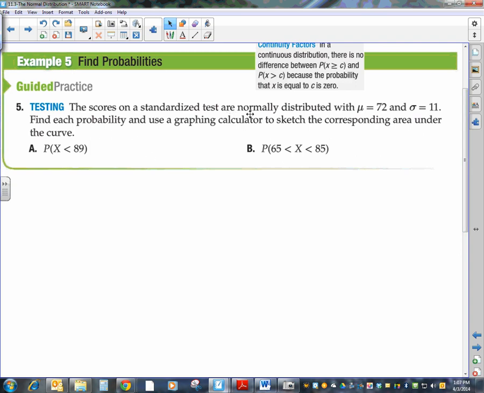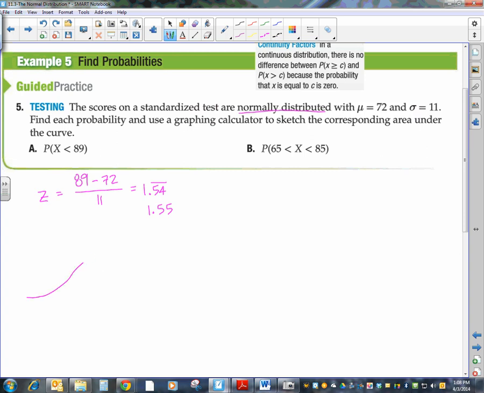So if we're talking about our normally distributed data, then I want to find the z value that corresponds with 89. So z is equal to that value of 89 minus the mean, divided by the standard deviation. Put that in your calculator, and you're going to get 1.54 repeating. If you're looking on the table, you would look for 1.55.